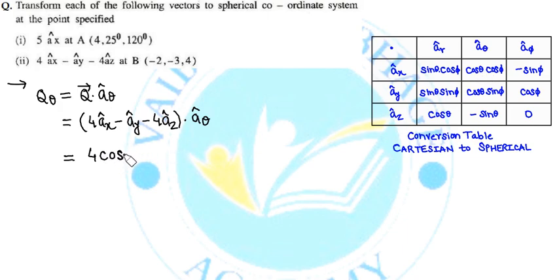Now the dot product between ay and a theta is equal to cos theta sin phi. And the dot product between az and a theta is minus sin theta.